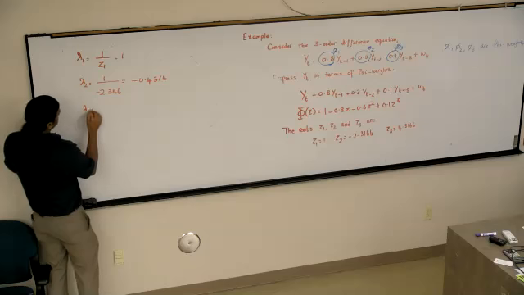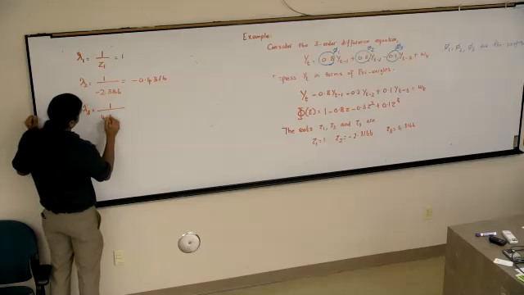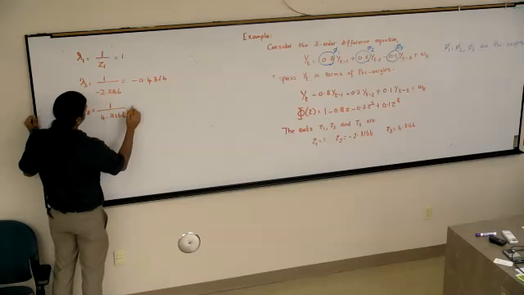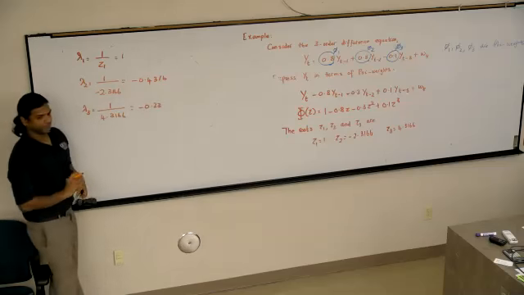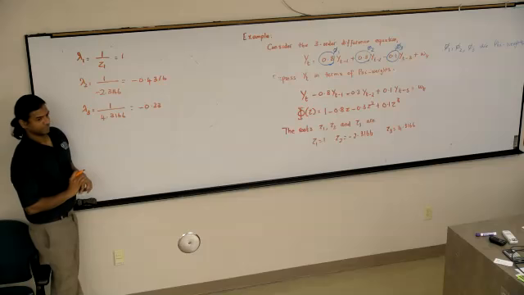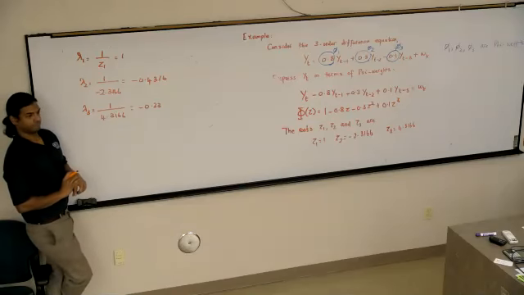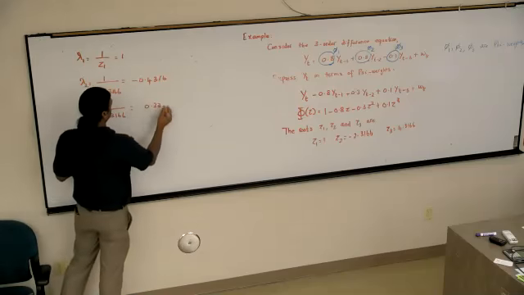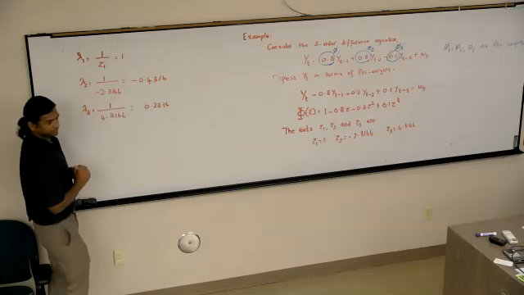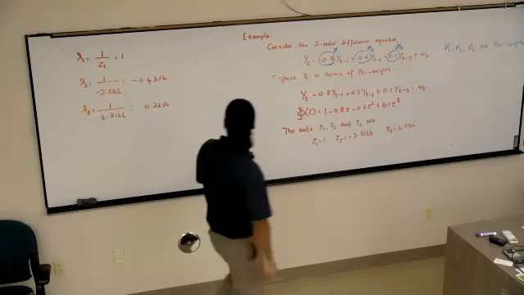And lambda 3 would be 1 over positive 4.3166. Wait, how would that become negative? Oh, it's positive. So 1 over 4.3166 would be 0.2317.